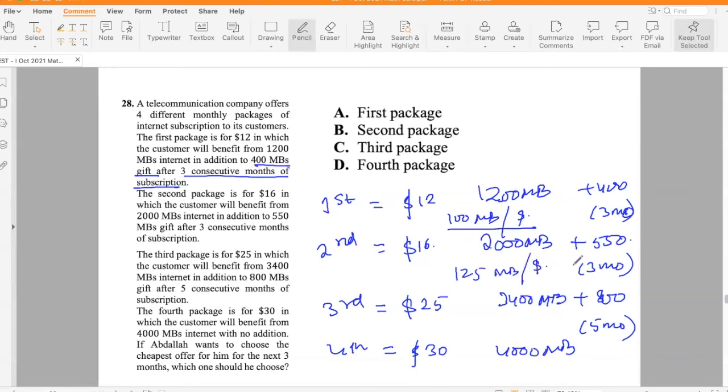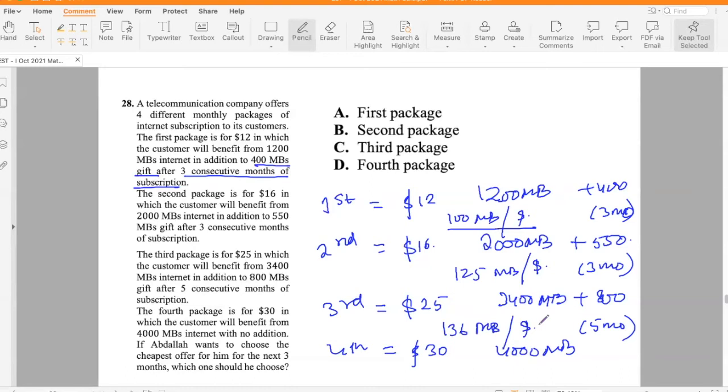Okay, here he's getting 3400 for 25. So that's 3400 divided by 25. So that's 136 MB per dollar. And here he's getting 4000 for 30.